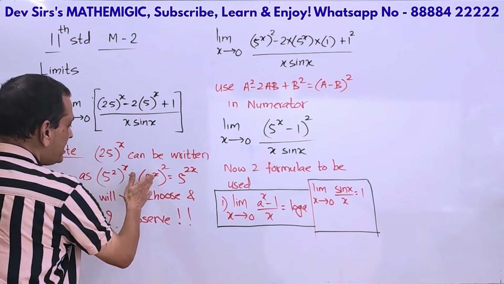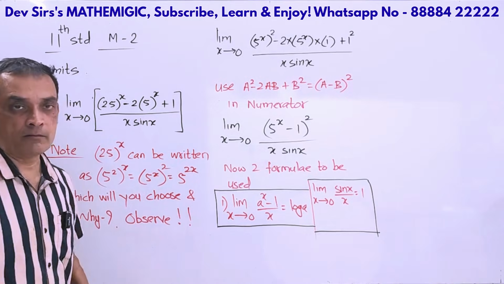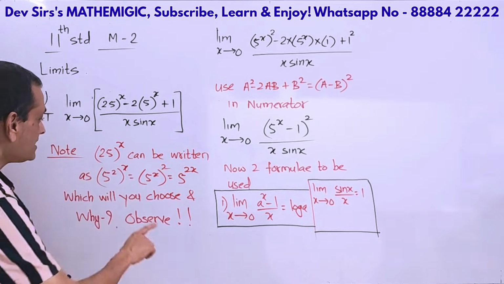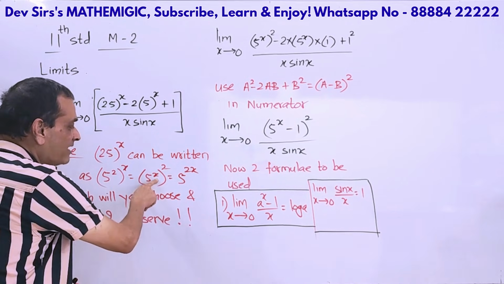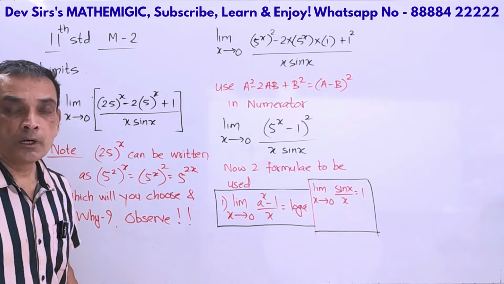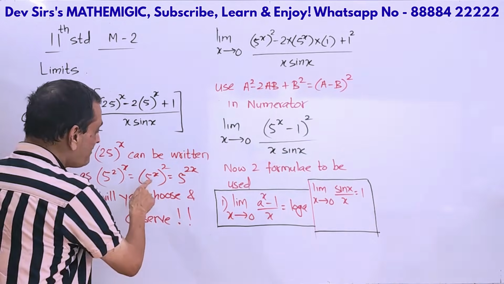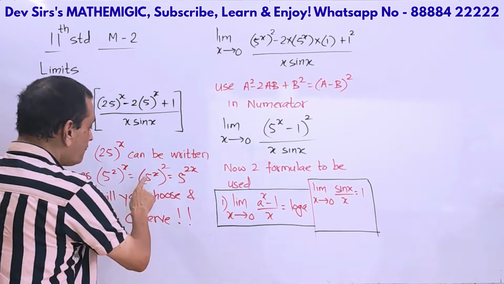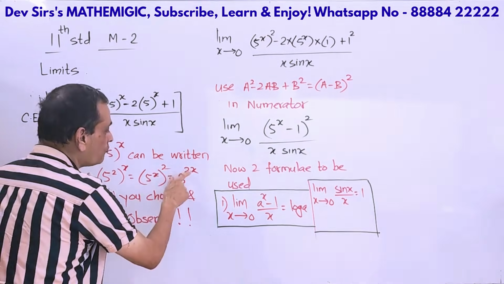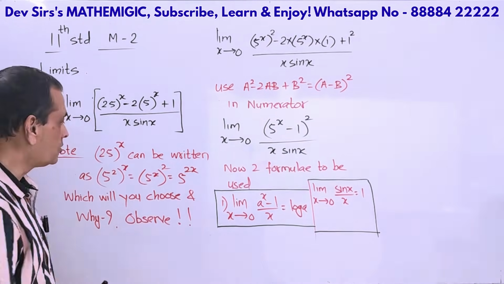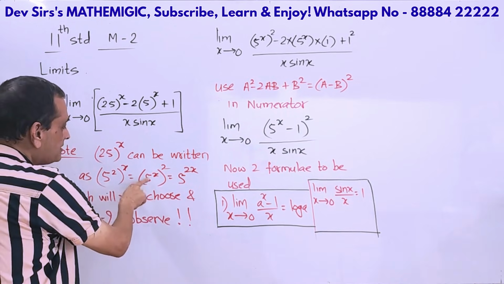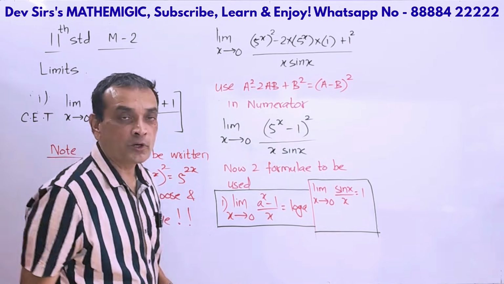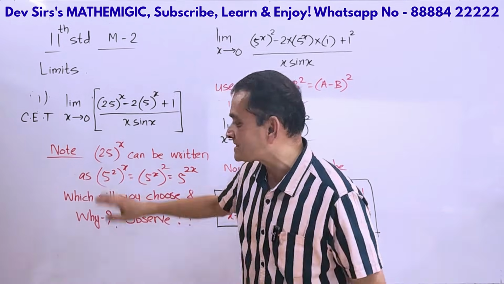So any which way is allowed to be written. You might be surprised, you can also write 5 raised to x, raised to 2. You might think this is 5 raised to x squared, but it is not so. 5 raised to x into 2, 5 raised to 2x. So these three ways you are allowed to write 25 raised to x.